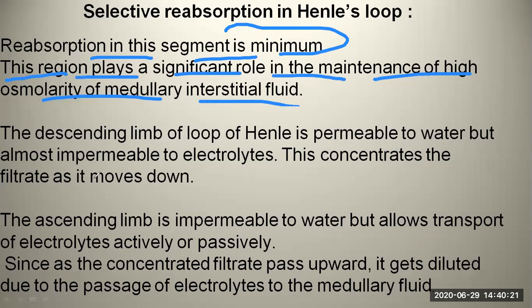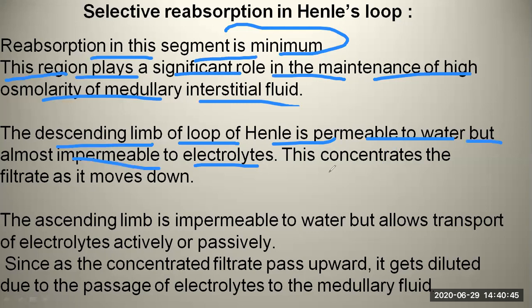The descending limb of the loop of Henle is permeable to water but almost impermeable to electrolytes. That's why, as I had already told, water can move from the descending limb of the loop of Henle into the interstitial fluid or peritubular capillaries.